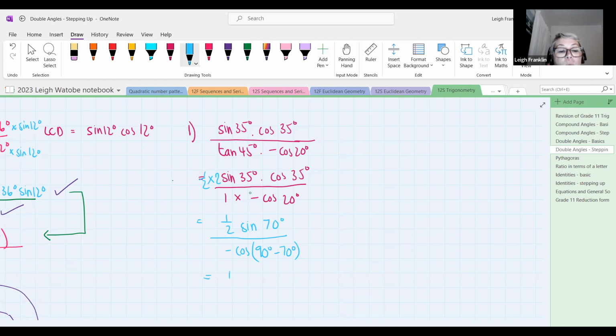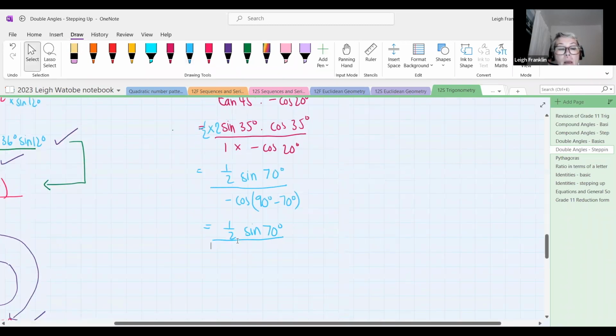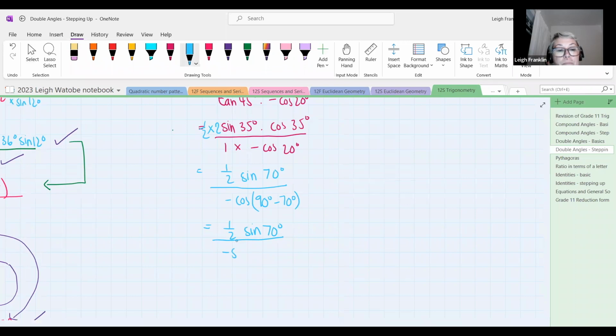Okay, and then you had 1 over 2 sine 70 over, keep going, all over negative sine 70. Yes. And then the sine 70 and sine 70 cancel each other out, leaving me with a negative 1 over 2. Perfect. All right, well done.